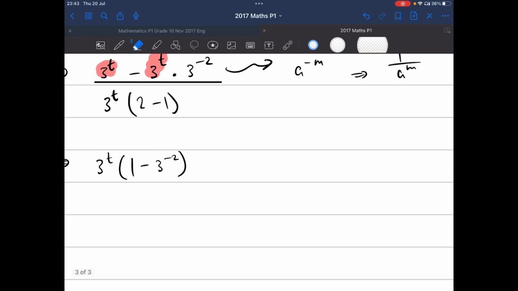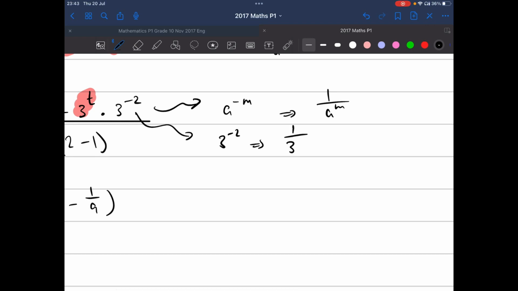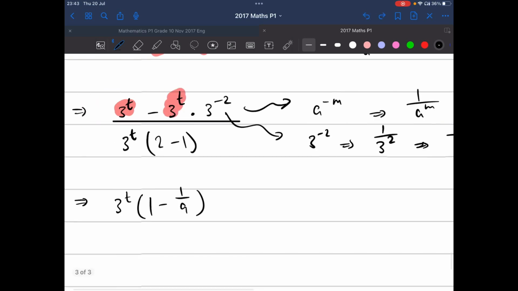So for here, I can rewrite this as 1 over 3 squared, because we're taking away that negative sign. And 3 squared is the same as 9. So just to clarify, I took 3 to the minus 2, I made it 1 over 3 squared, and then that's the same as saying 1 over 9, because 3 squared is 9.